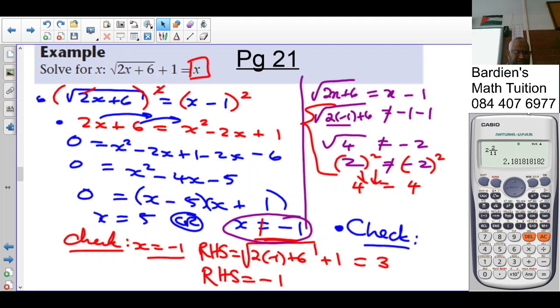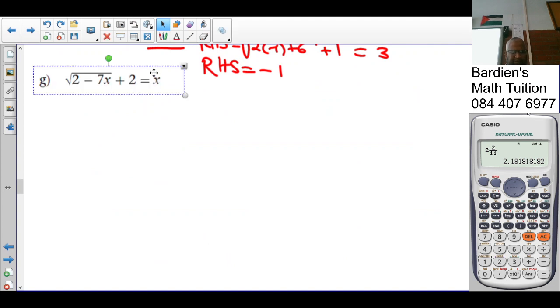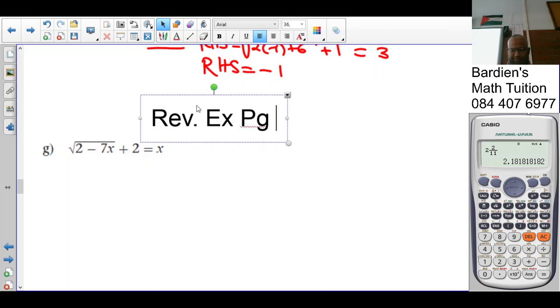I'm going to do 4G. The revision exercise, page 23, 4G.